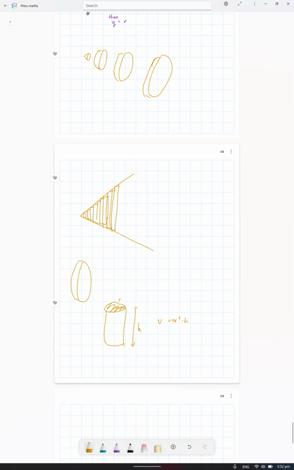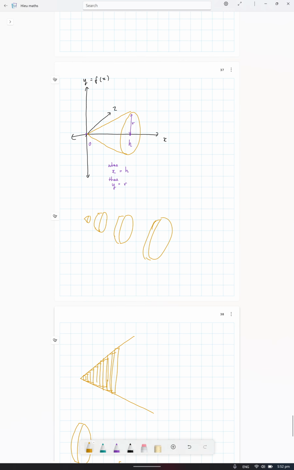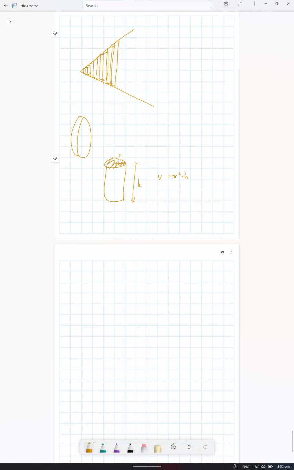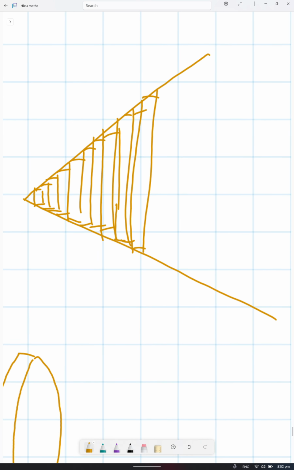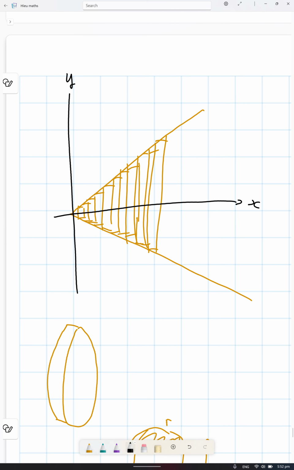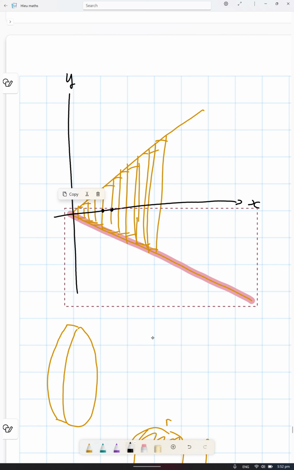So how are we going to do that? We're going to use dx. Let me explain. If we have this graph here, this is x, this is y. Let's say from this point to this point, what's this length?